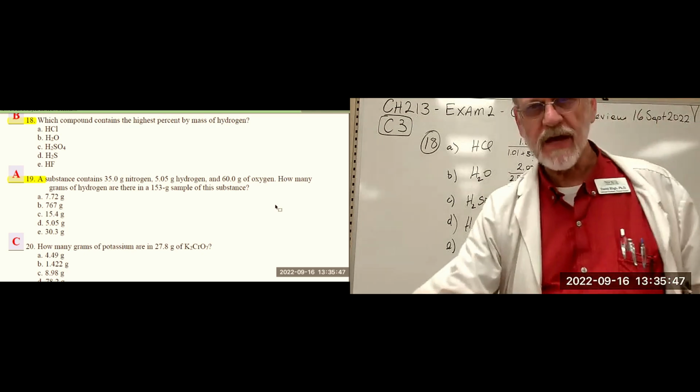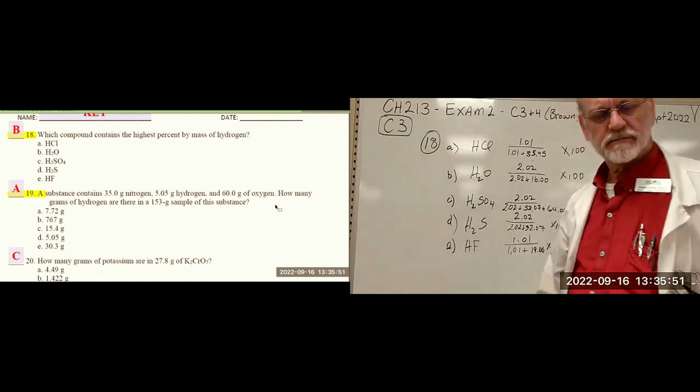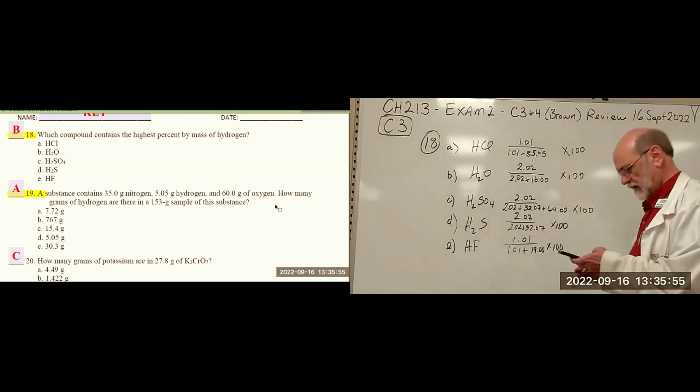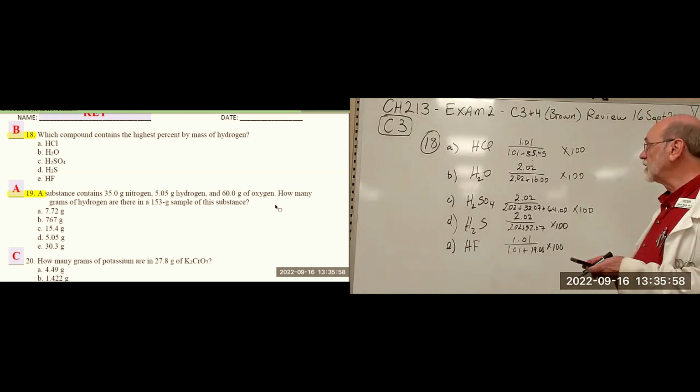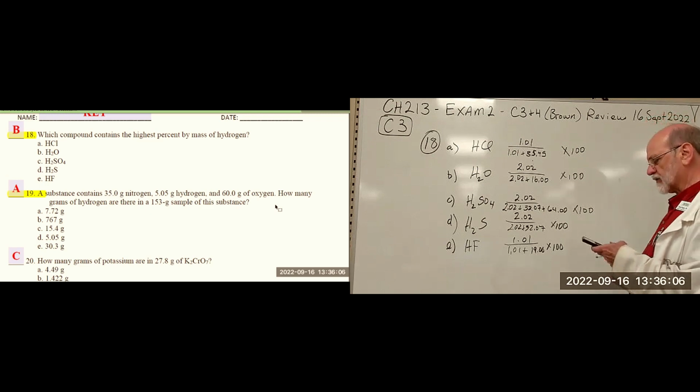It says water has the highest percent by mass of hydrogen. Let's do the calculations. I may have found another mistake. Okay, 1.01 and then 35.45 plus that, divide. That's 2.77%.